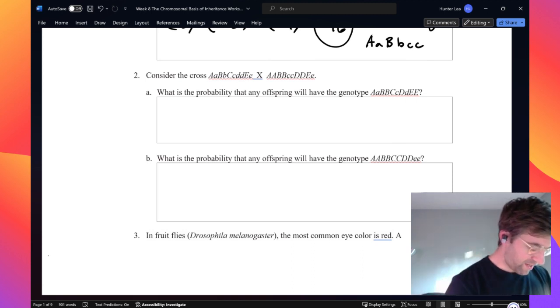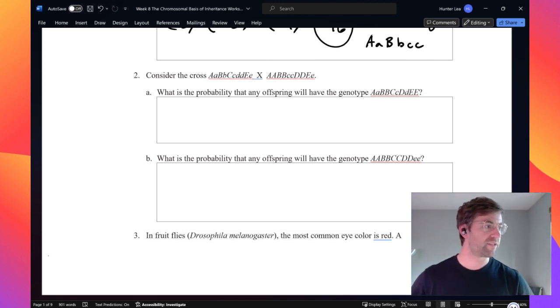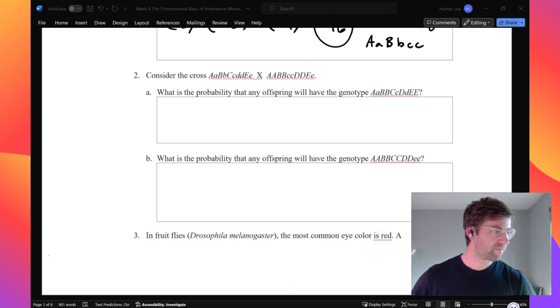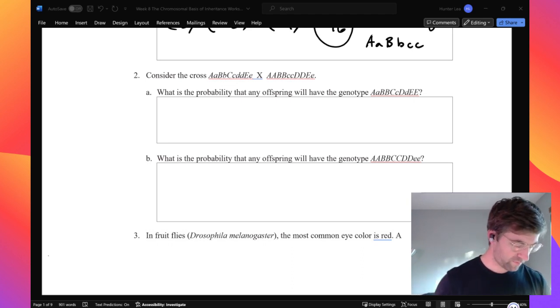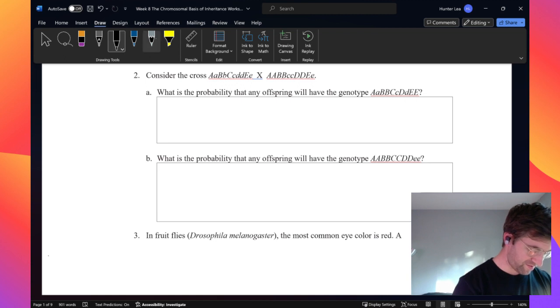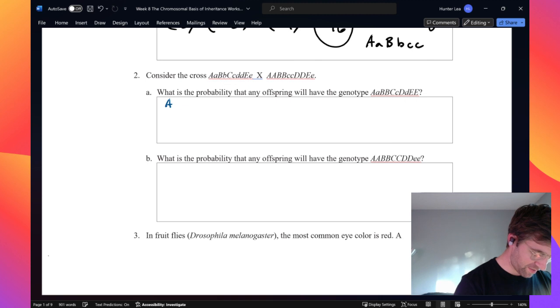So let's go ahead and start building these, and hope that our screen doesn't crash. So we've got A, B, little c.